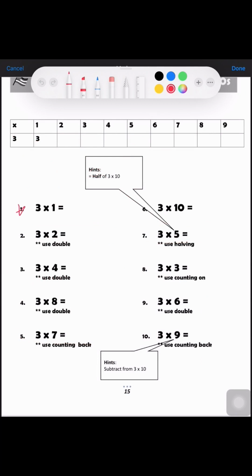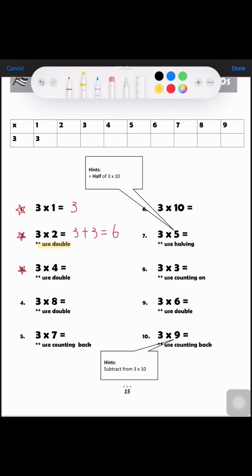Okay, now we take a look at page 15, and we are going to use a different method to find the multiples of 3. 3 times 1 is 3, and then 3 times 2, we can use doubling to find the answer. 3 times 2 is the double of 3, so it's 3 plus 3. 3 plus 3 equals 6, so 3 times 2 equals 6.